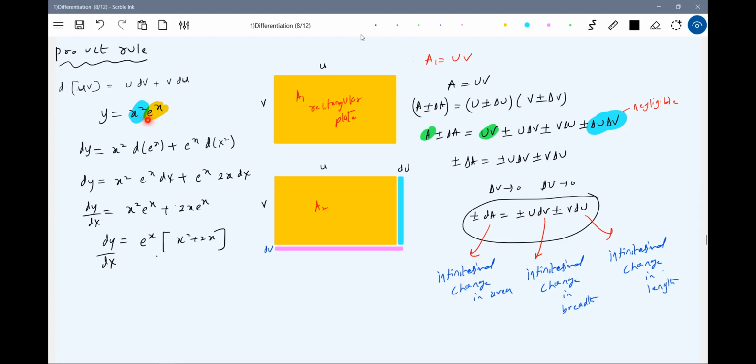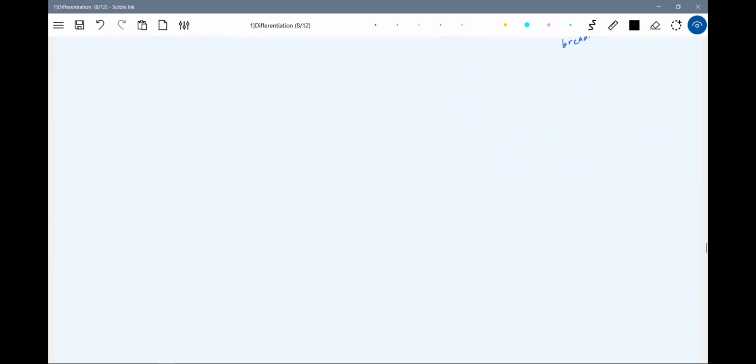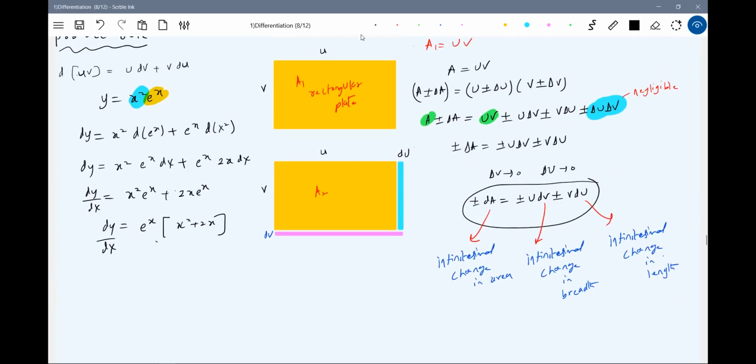Okay, and there's a method. You can pick up some more. Take some trigonometric equation also: y equal to x cube sine x. Then dy is equal to x cube as it is, derivative of sine x, plus sine x as it is, derivative of x cube.